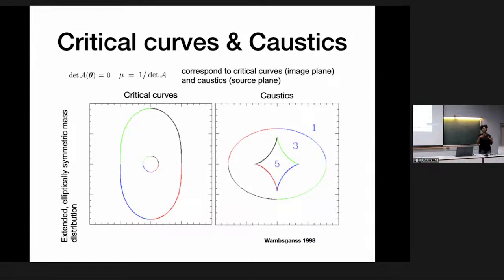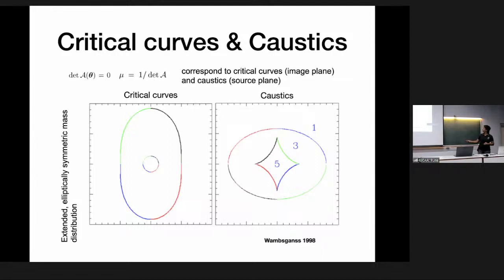the magnification in a two-dimensional plane, in the lens plane, if we calculate the magnification expected at each location, then there will be certain regions. This is the image plane. The left hand side is the image plane, and the corresponding mapping in the source plane is shown over here.